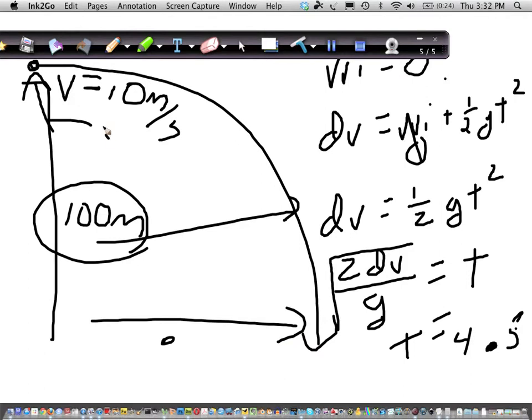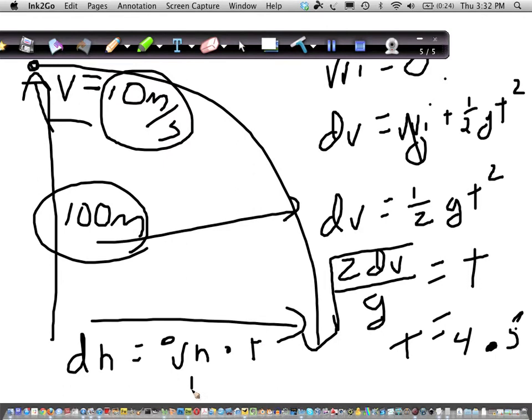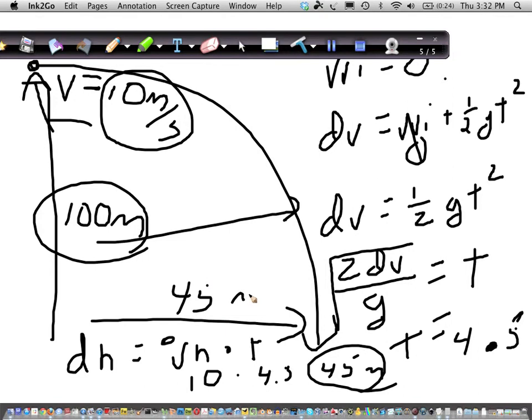Well, we know that the velocity horizontal is 10 because that's what it went off the cliff with. So distance horizontal equals velocity horizontal times time, and 10 times 4.5 is 45 meters. So this is going to be 45 meters from the cliff.